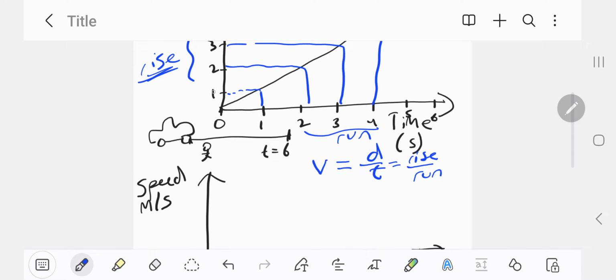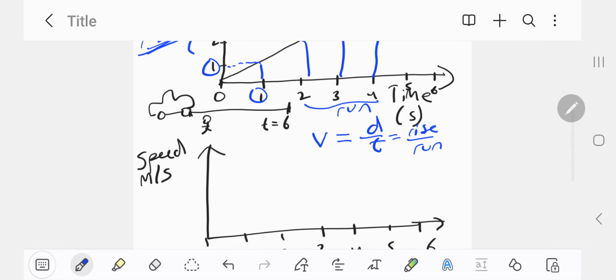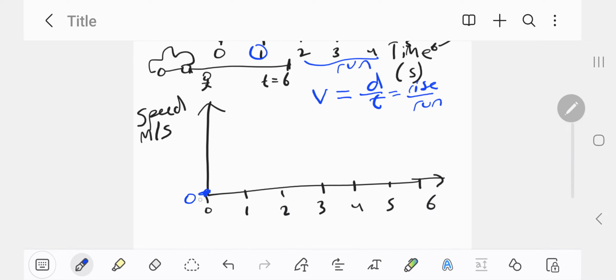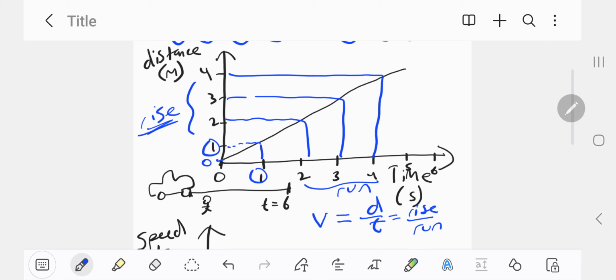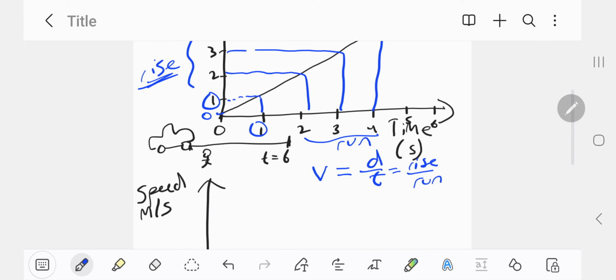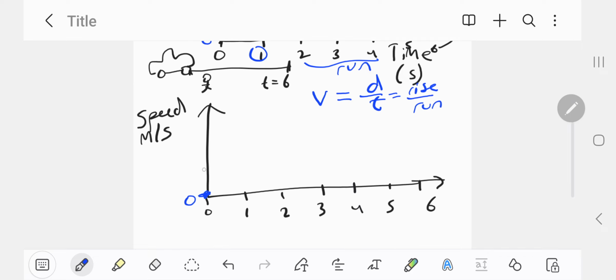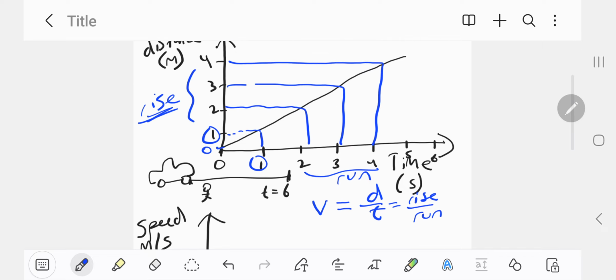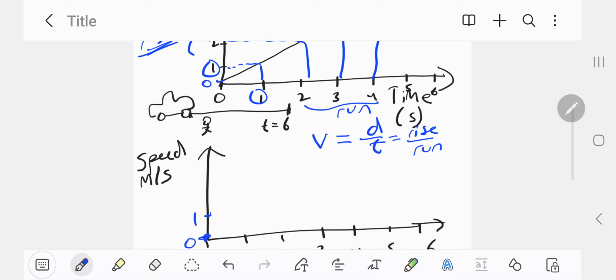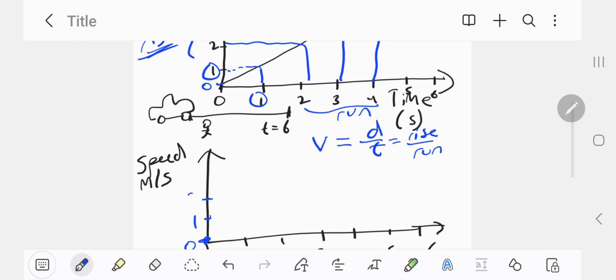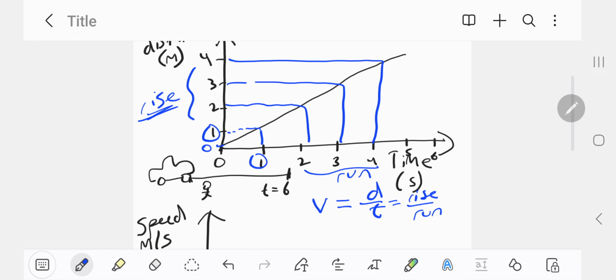So for the first set of points here, 0, 0, there's nothing happening, because 0 divided by 0 is nothing. 1 divided by 1, rise over run, is 1. Next point, 2 divided by 2 is 1. So that 1 stays there. 3 divided by 3 is also 1. 4 divided by 4 is also 1.